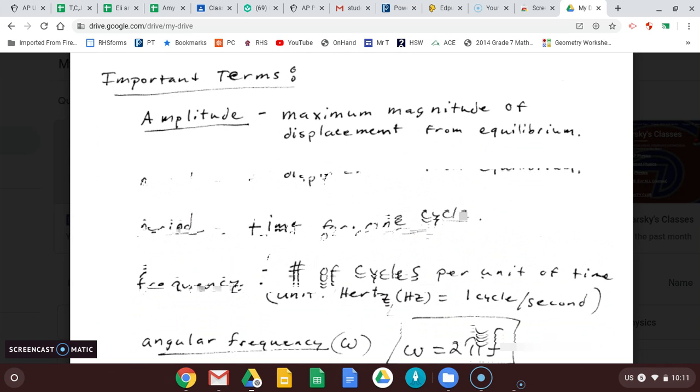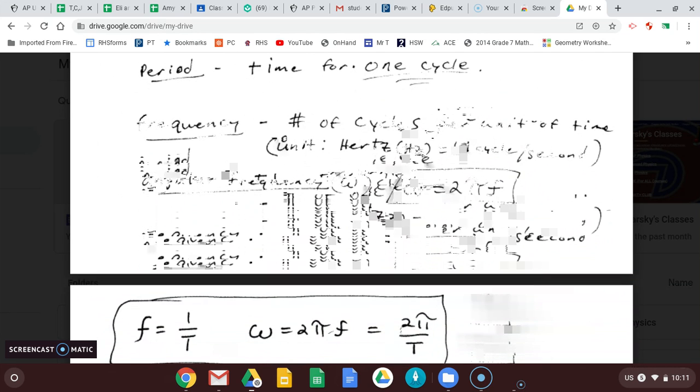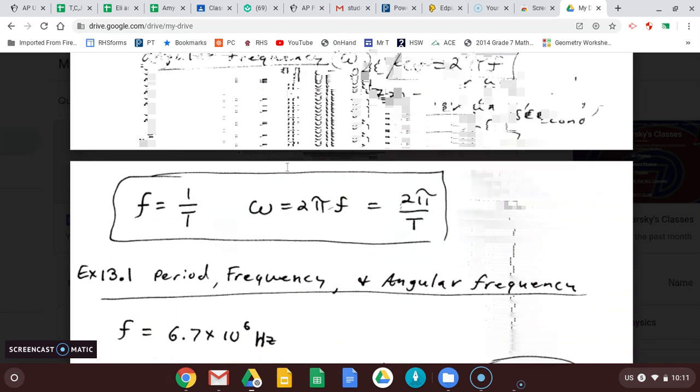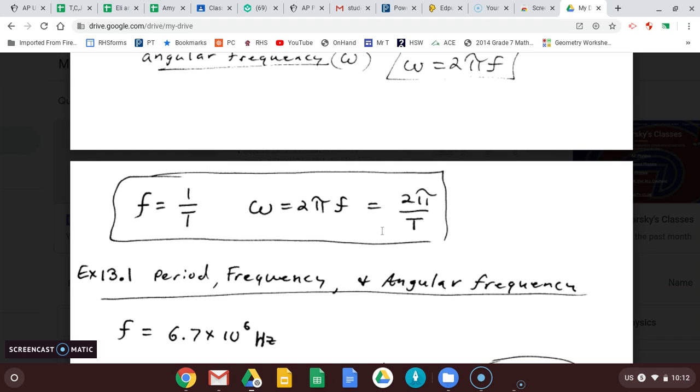Another thing that will be used that we are already familiar with is angular frequency, omega. And angular frequency is simply 2 pi times regular frequency. Those are some of the formulas which I already relayed, basically conversion formulas.